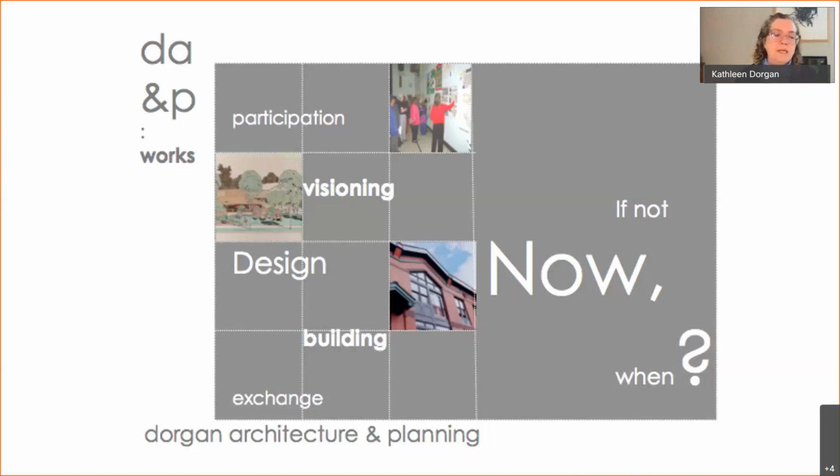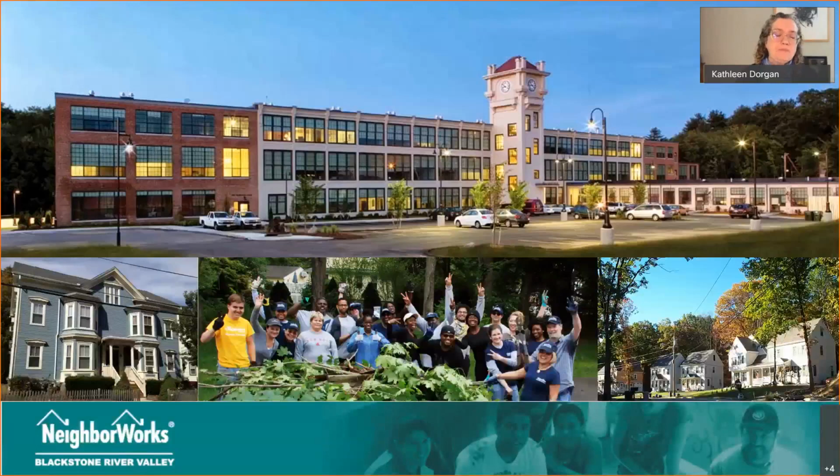On the next slide, you'll see that the real key to this story is the client here, who is the not-for-profit developer of the Millrace District. NeighborWorks Blackstone River Valley is an amazing organization. You can see above here on this slide, they've already done 1 mill renovation for affordable housing.